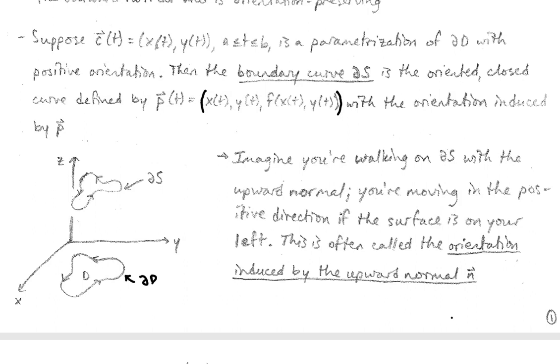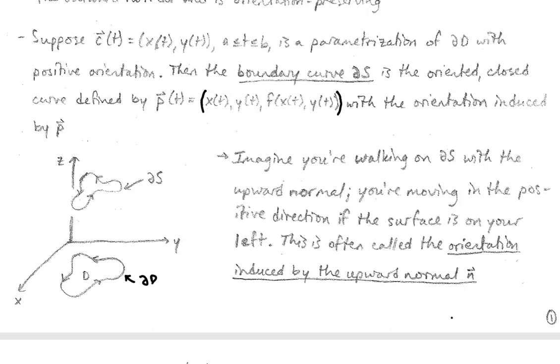And we can define this curve, ∂D, by the vector function c hat of t, which is (x(t), y(t)). Again, t is going between a and b. So these two curves related to each other, they are going to each serve their own purpose, though, when we get into the proof of Stokes' Theorem.